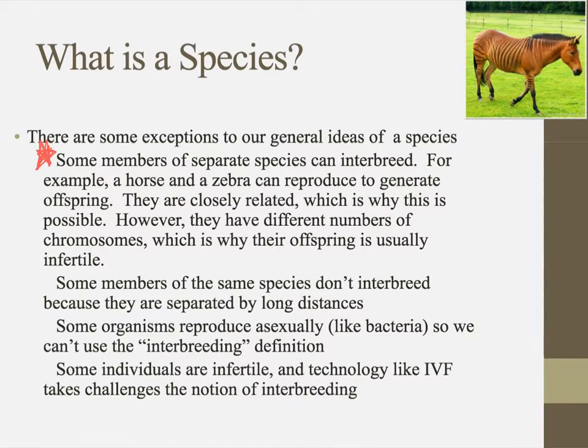So that kind of challenges our definition a little bit of what a species is. For example, a horse and a zebra can reproduce to make a zorse. Yeah, that's real. And so even though their offspring can't reproduce on its own, they can still make offspring. So I wonder if that's eventually going to challenge our definition of what a species is.